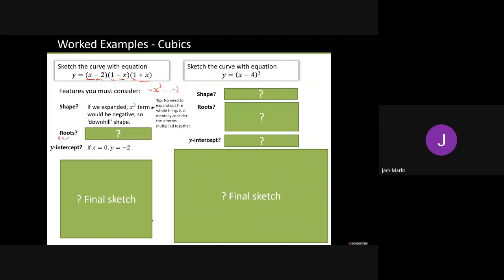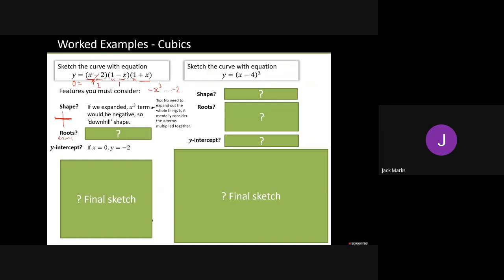The roots, what are these? Well, this is where it crosses the x-axis, where y equals 0. This will be equal to 0 when any of these brackets are equal to 0. So notice, if I put x as 2, this whole bracket becomes 0, and this must be a root.